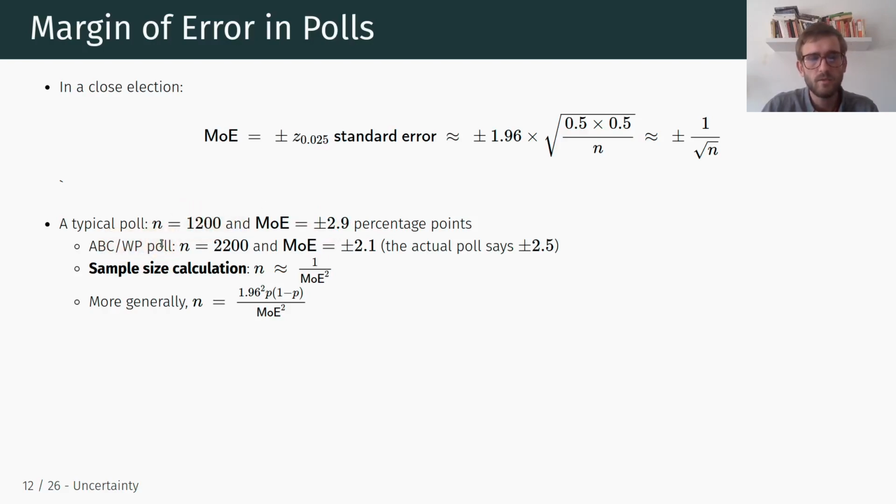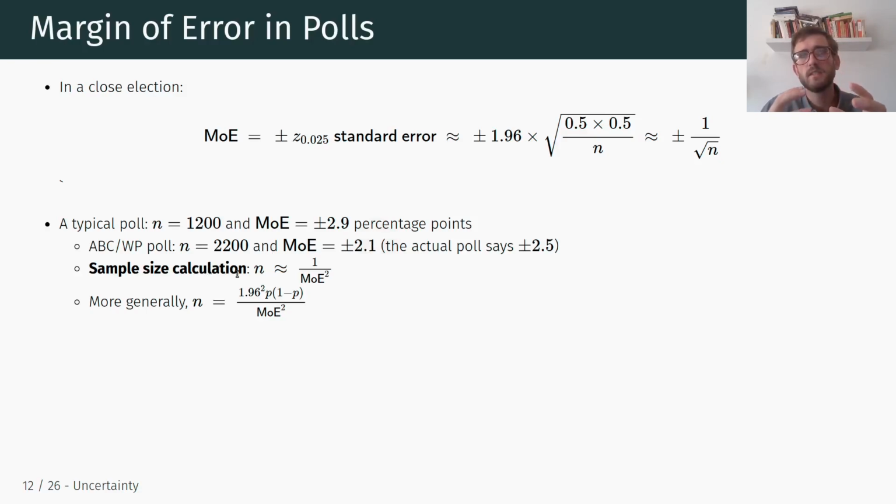In our ABC News poll, we have around 2,200 respondents, so the margin of error is around 2.1. In the actual poll, I don't know exactly what additional adjustments they made in their computations, but their actual poll says plus or minus 2.5 percentage points. They might take into account additional sources of uncertainty, but just based on the sample size, this would be plus or minus 2.1 percentage points.